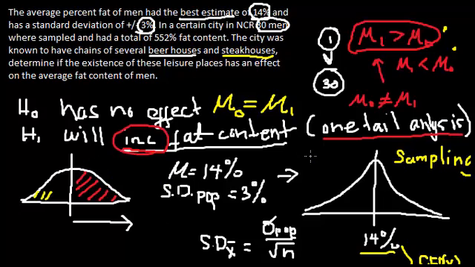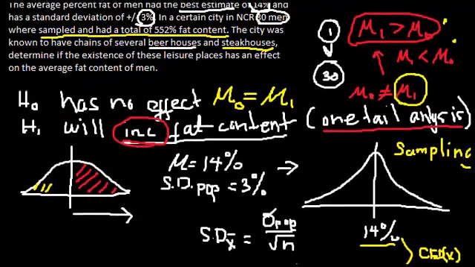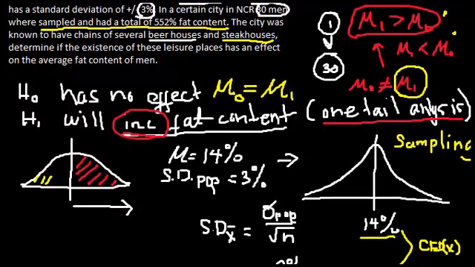The next step in this analysis is for us to determine the statistic that we want to test. What is this mu1? We can get it from the sample. It says in the problem that they sampled and had a total of 552 fat content. That 552% seems awfully large, but that is the total fat content.